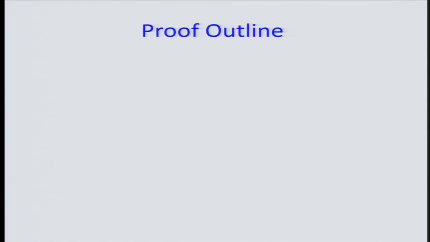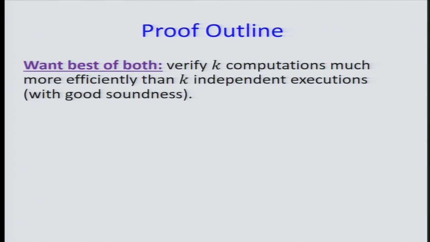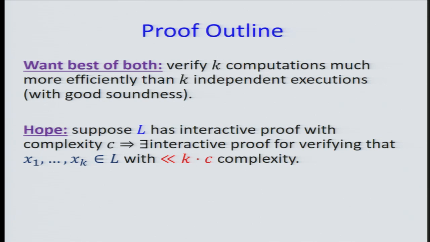Okay, so no good. What we'd really like is the best of both solutions. We want to be able to verify all these k subcomputations, like in the second solution, much better than just doing k independent executions, but with good, small soundness error. So here's the hope.